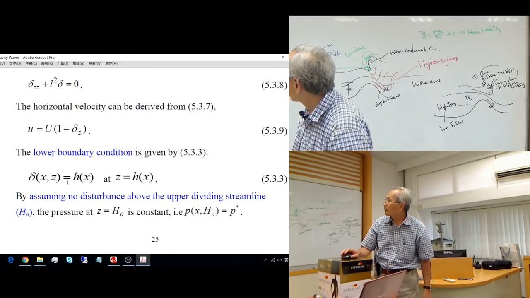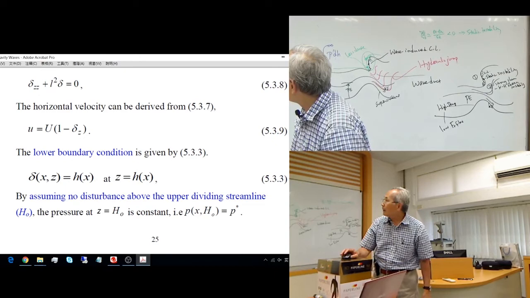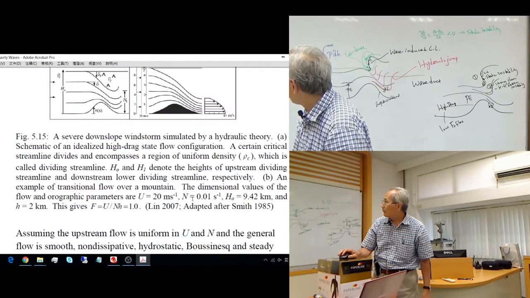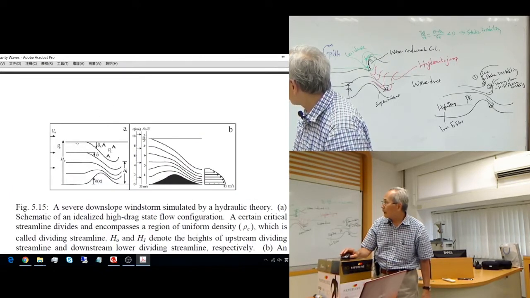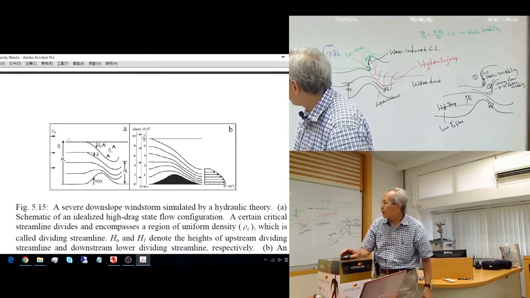Then you have no disturbance above the upper dividing streamline. So conceptually, you can visualize this dividing streamline, one going down and one going undisturbed, just idealized. And then you assume there's no flow here.